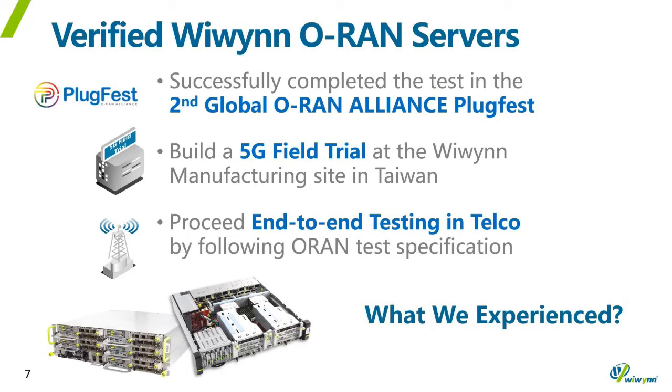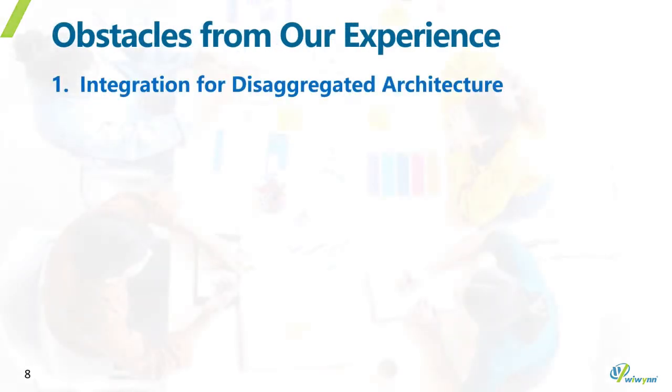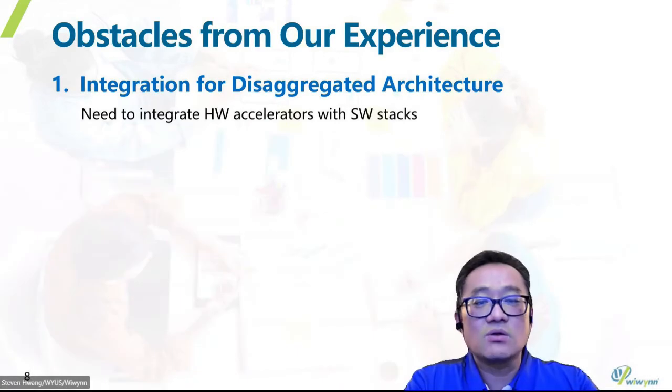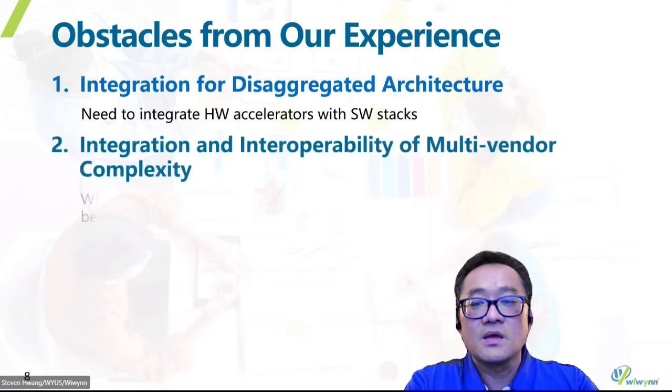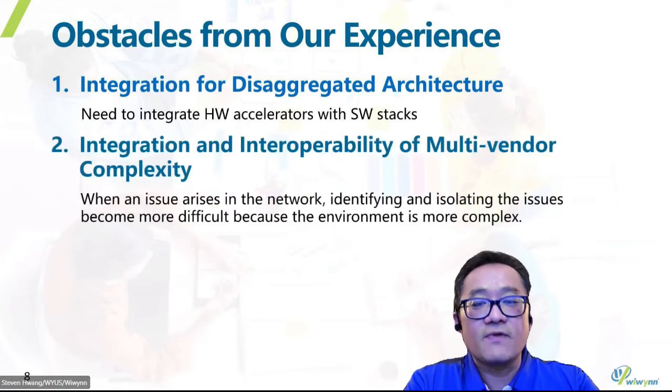So when involved in the 5G trial cases, we did experience some challenges. While we see benefits from hardware and software disaggregation, we saw challenges from integrating hardware accelerators with software stacks. We saw challenges from integration and interoperability complexity from multiple vendors.